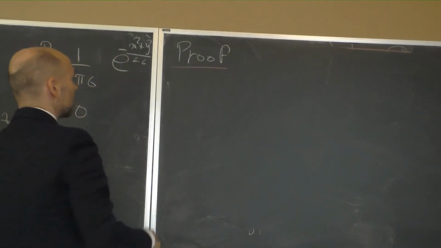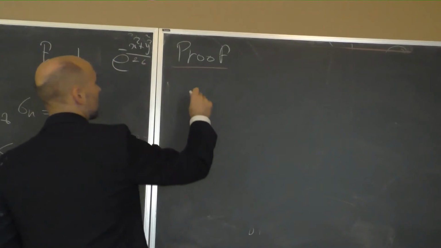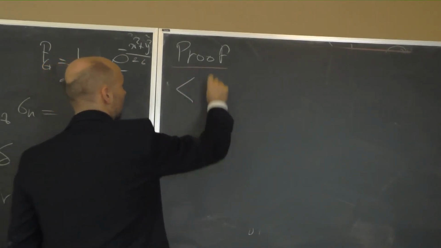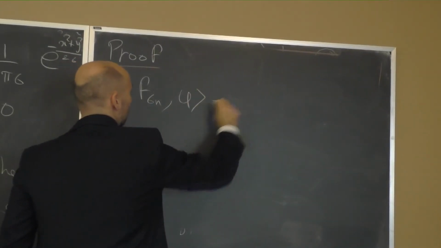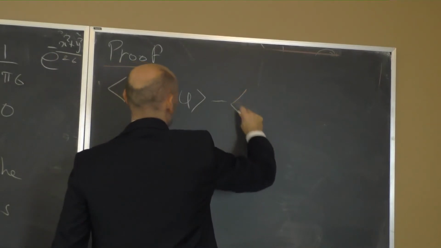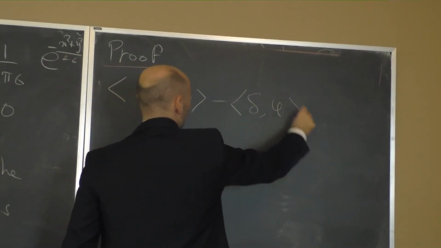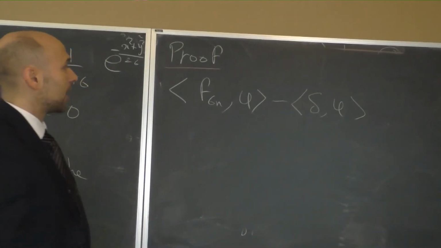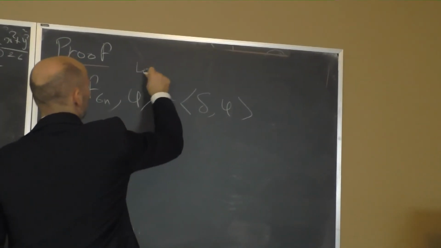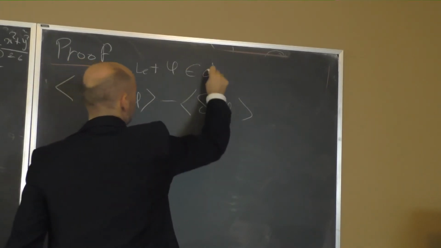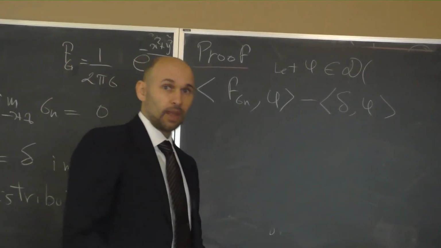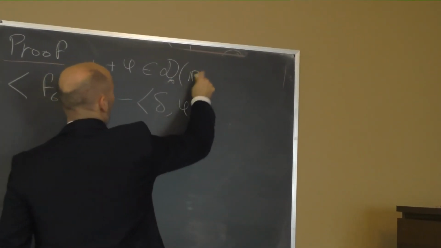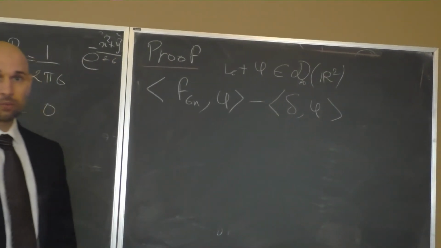We are going to estimate the difference between f sigma n applied to phi minus my Dirac applied to phi, where phi is a function which I can differentiate as many times as I want, and it has a compact support.